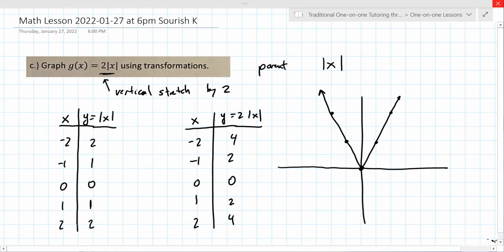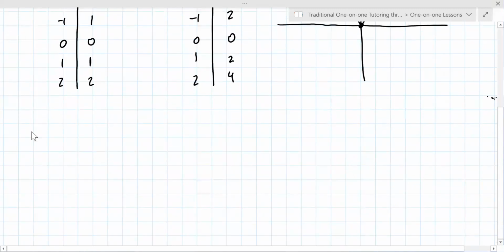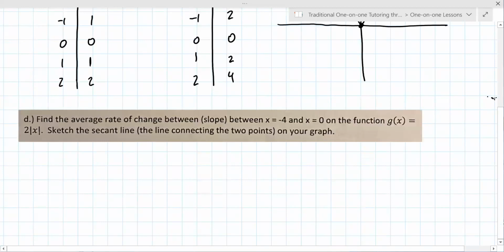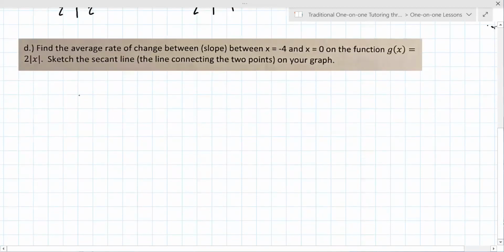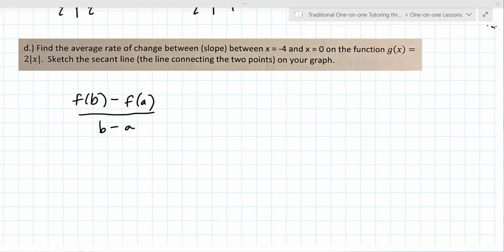Okay, so let me snip that in. And it looks like we have to find the average rate of change between 2 points. Okay, there it is. So the average rate of change, if you remember from last time, is f of b minus f of a over b minus a. Okay, I have to write it down.